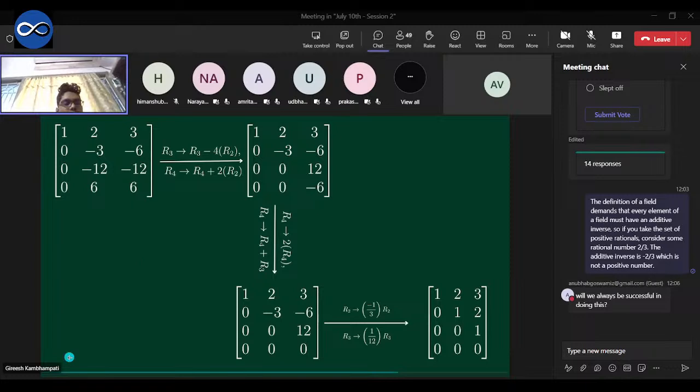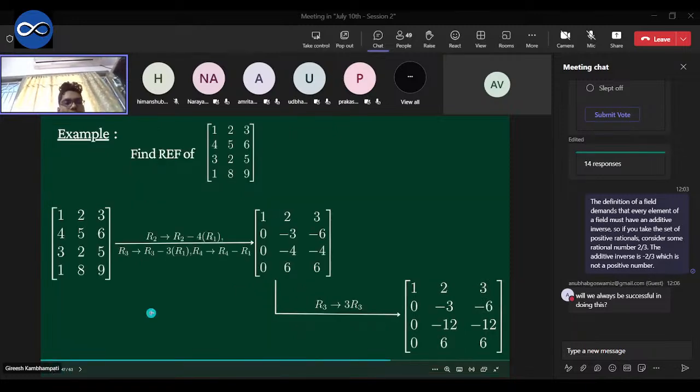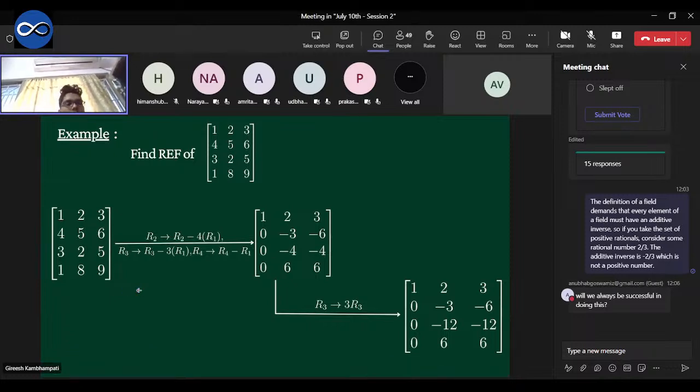But the basic problem in converting a matrix into row echelon form is that we have to get a form in which the number of zeros at the start of every row increases from top to bottom. How would we attain this is the problem. As I told before, we will make the first element of each row 0, and sometimes we may get the second element also 0.